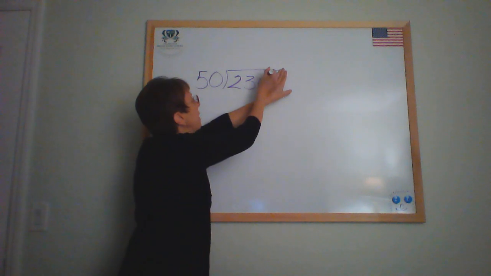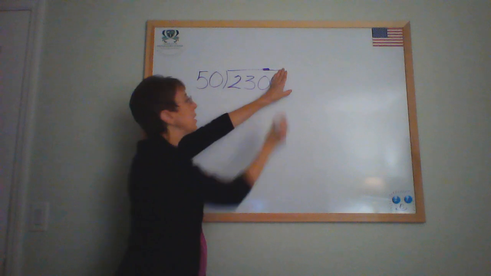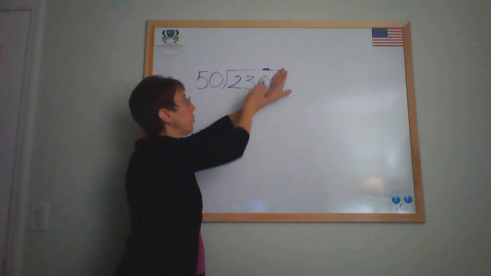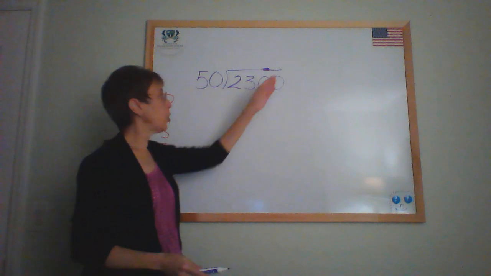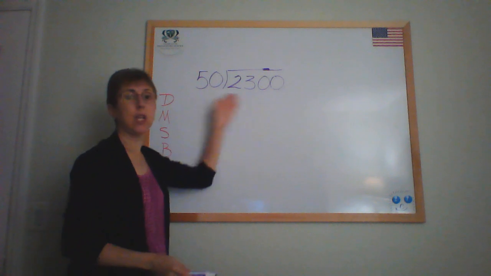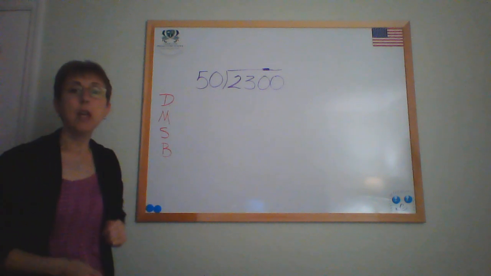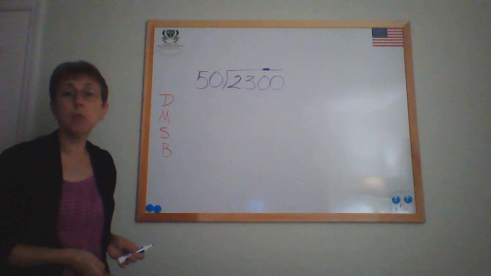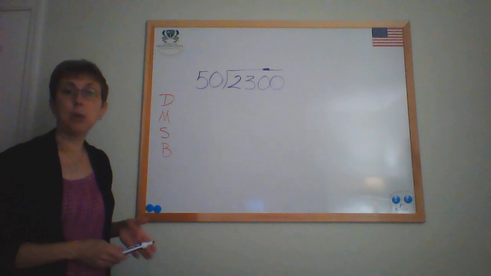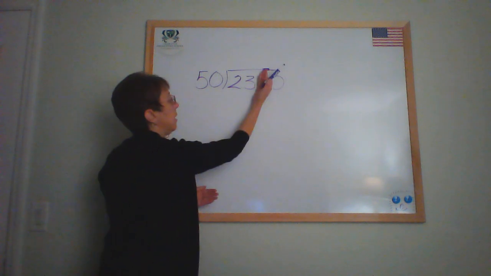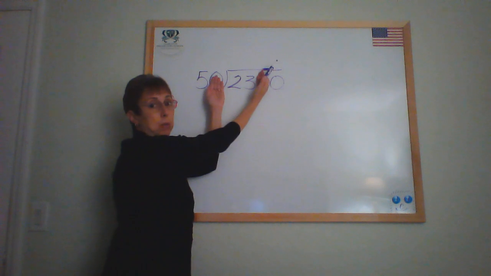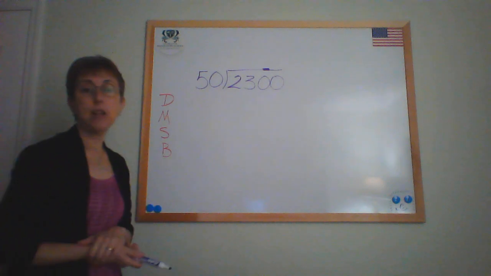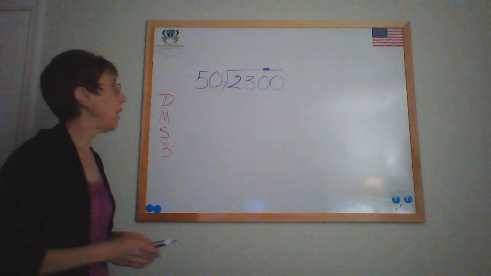So remember then that the part of the quotient you're working on is over here, over the 0, because you're able to do 230 divided by 50. Now you need to know, what should you multiply by? That's where we look for the basic fact. Our basic fact would be 23 divided by 5.